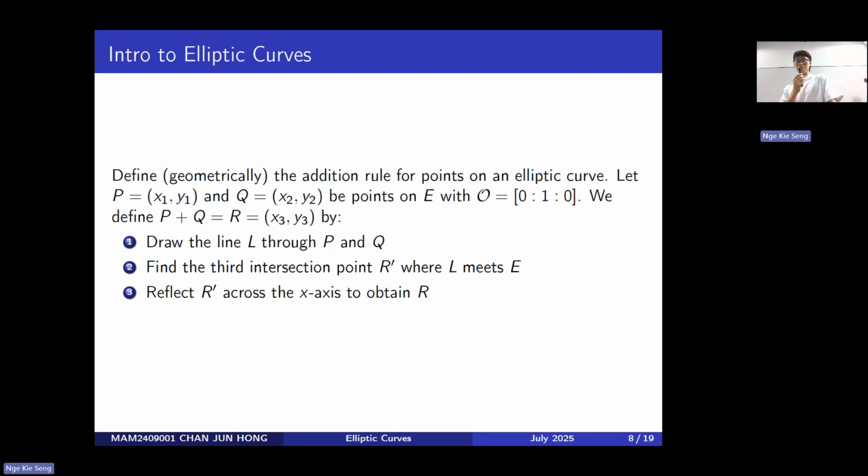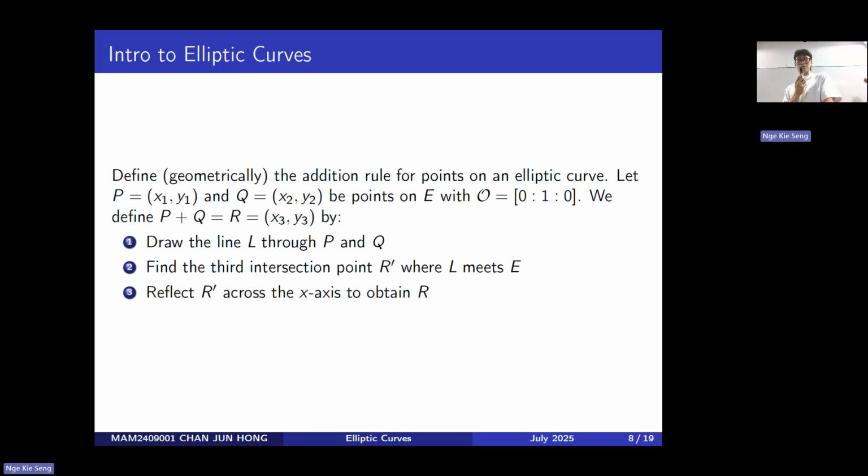We choose O to be (0, 1, 0) in the projective space P^2. We chose this specifically because it gives us the point at infinity that we need for our addition law later. Now we define that the addition P + Q is equal to R, which is our third point.